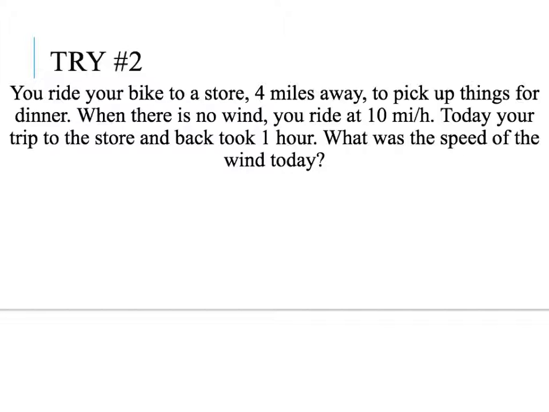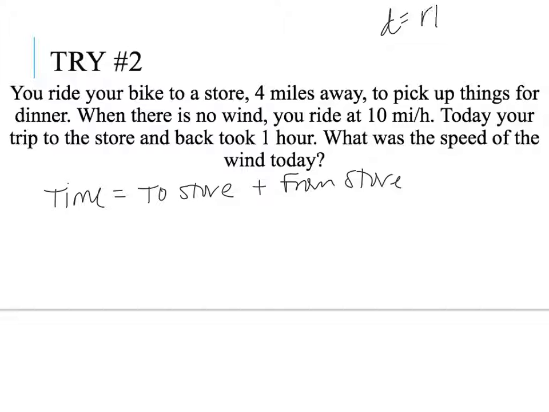All right, with that being said, remember, we're going to set this in terms of time. So time is going to equal the time to the store plus from the store. And remember, distance equals rate times time, but we're going to put everything in terms of time. So time will equal the distance over the rate.